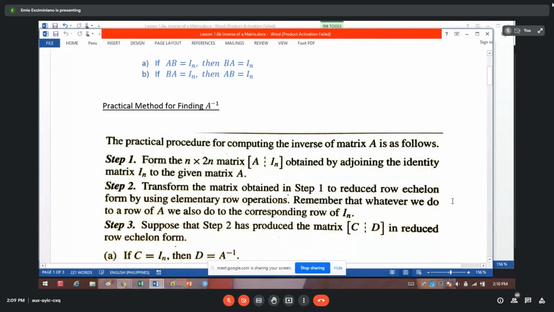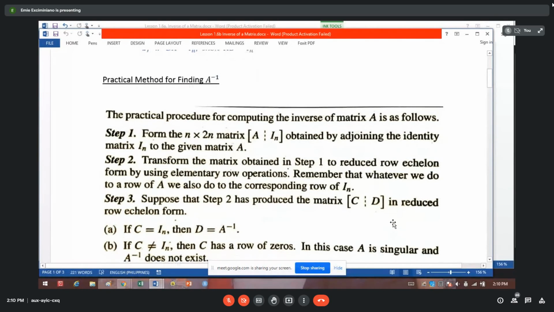Ang hirap gawin yung earlier method natin. Let us try to apply yung practical method of finding the inverse. Madali daw to kaysa doon sa nauna kasi very tedious yung isa. Step 1, form n by 2n matrix. So A becomes an augmented matrix, dinidikit yung identity matrix I sub n.